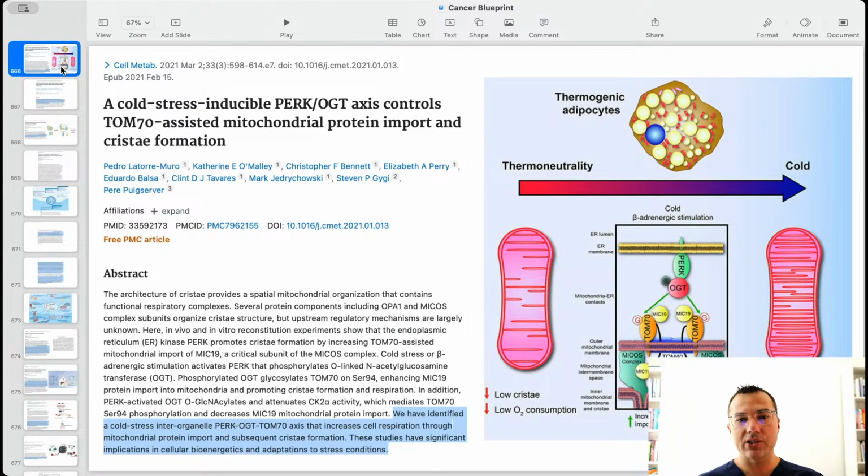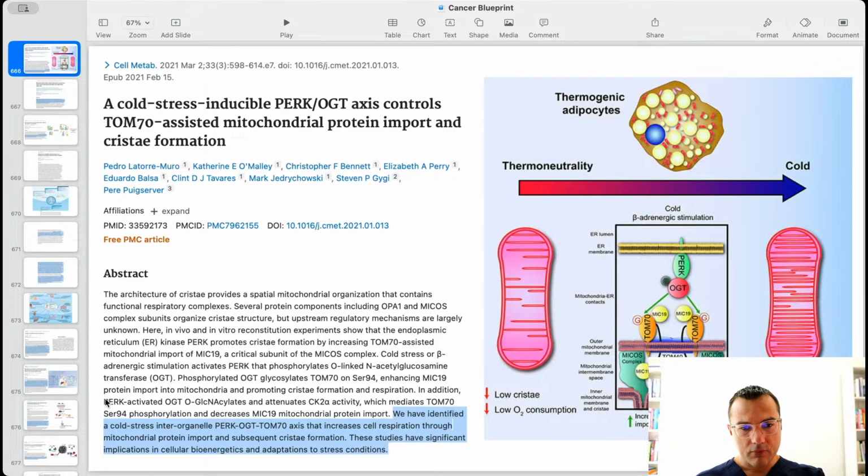I give that backstory because the first slide I picked was a paper showing that when we are exposed to cold, it improves our supercomplex formation. This paper was published in Cell Metabolism, Cell 2021, and the title is A Cold Stress-Induced PERK OGT Axis-Controlled TOM70 Assisted Mitochondrial Protein Import and Cristae Formation.